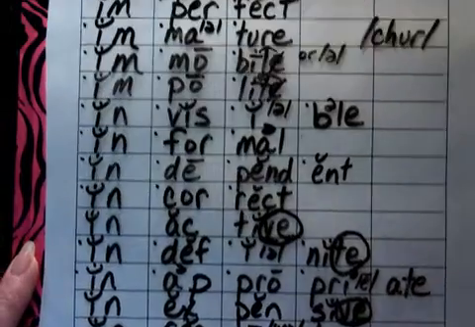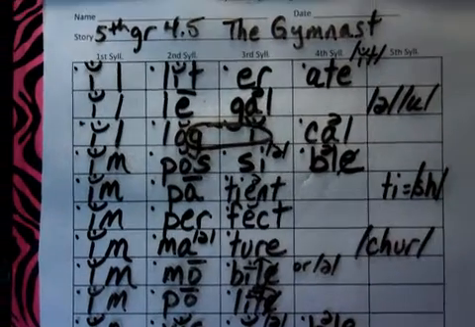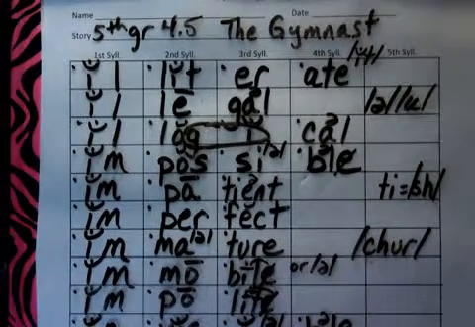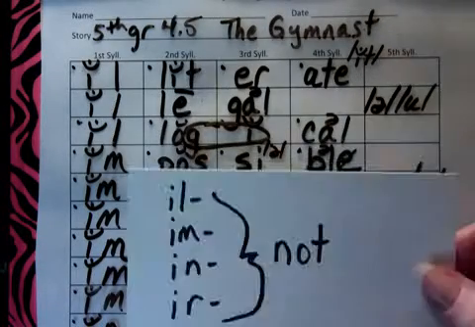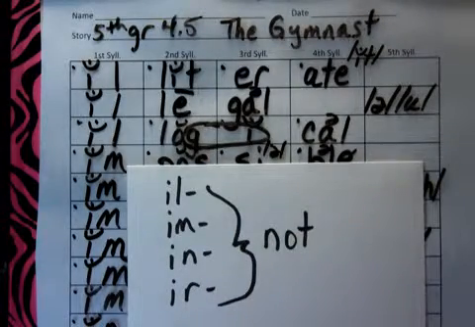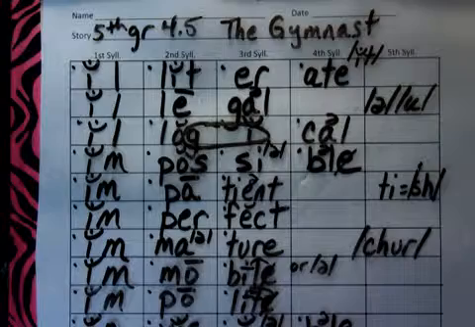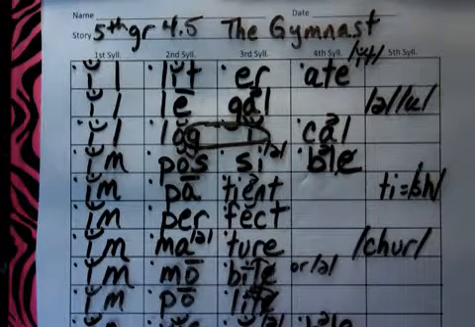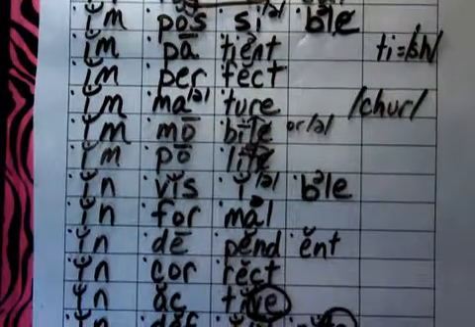Alright, that was a lot of information for a list that we were only supposed to pay attention to the prefix. And just to put this card back up, the prefixes were ill, in, and ir. They all mean not, but as you can see, in 5th grade, you should know lots about phonics, syllable types, exceptions to the rule.